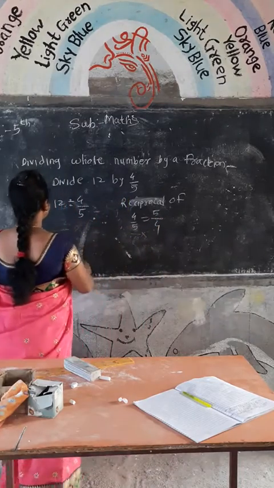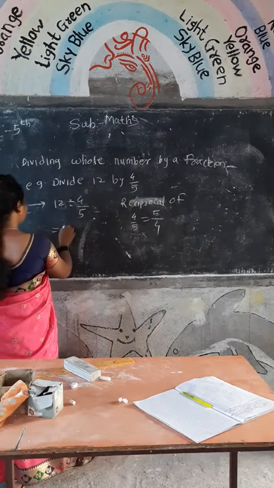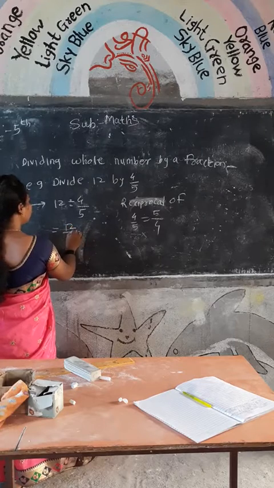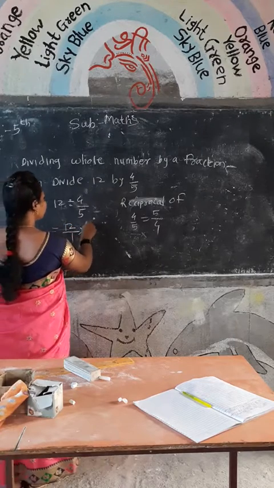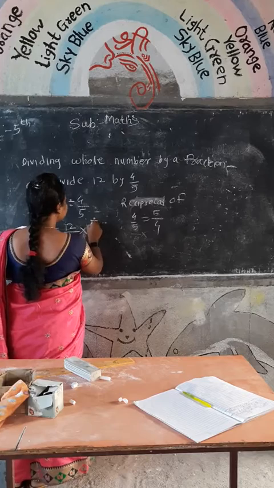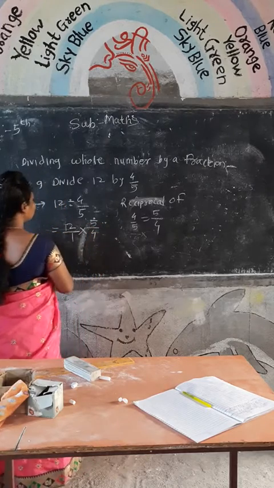Then multiplication: the denominator of 12 is 1, multiplied with the reciprocal of 4/5, that is 5/4.